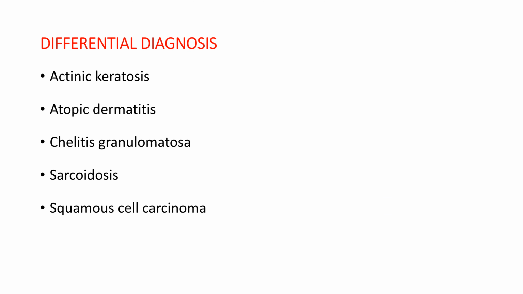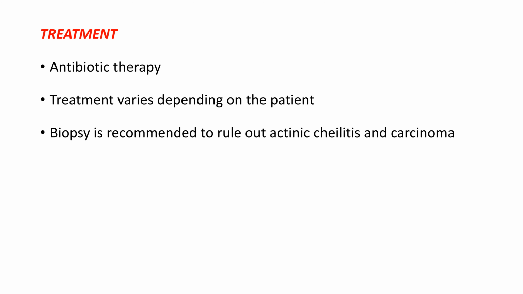So next is differential diagnosis for Cheilitis glandularis. Those are actinic keratosis, atopic dermatitis, Cheilitis granulomatosa, sarcoidosis and squamous cell carcinoma. Then treatment plan for Cheilitis glandularis. First is antibiotic therapy.